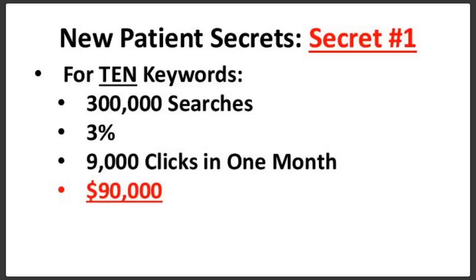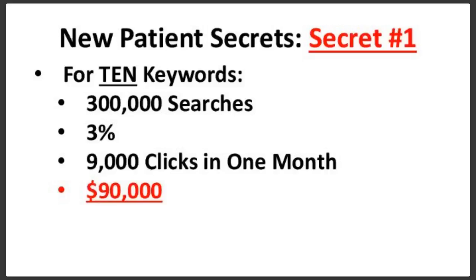So what I want to show you here is really the potential of being on Google search results without paying for an ad. If you wanted to get the same results with ads as you would with being on the organic search results for 10 keywords, you would get roughly 300,000 searches.